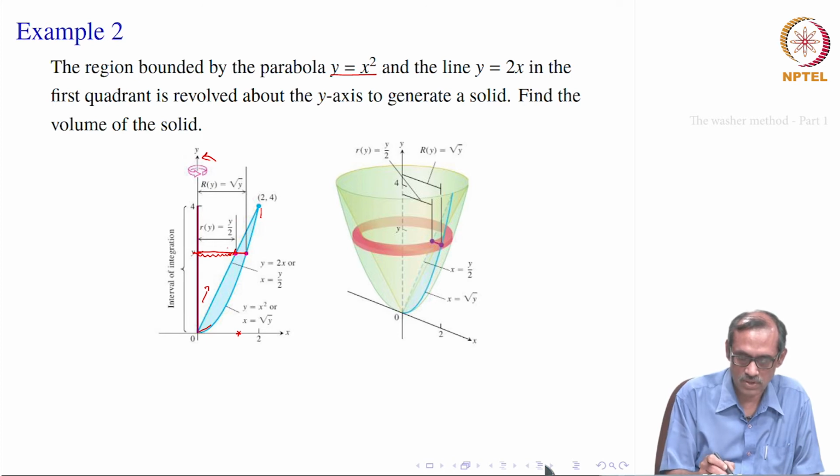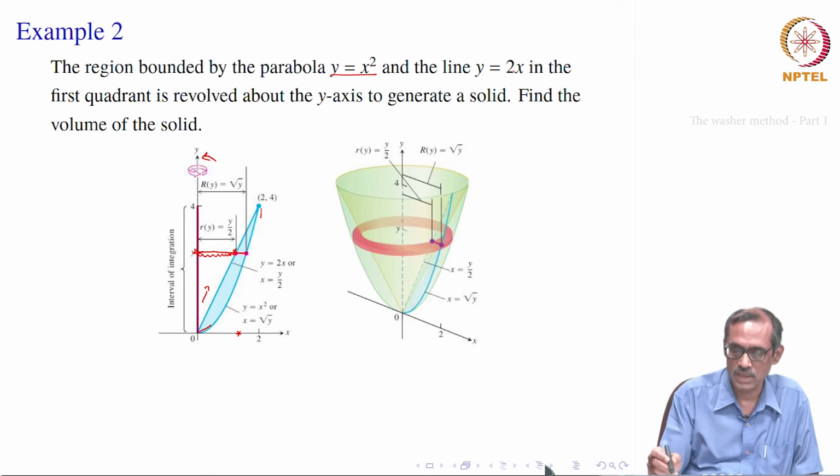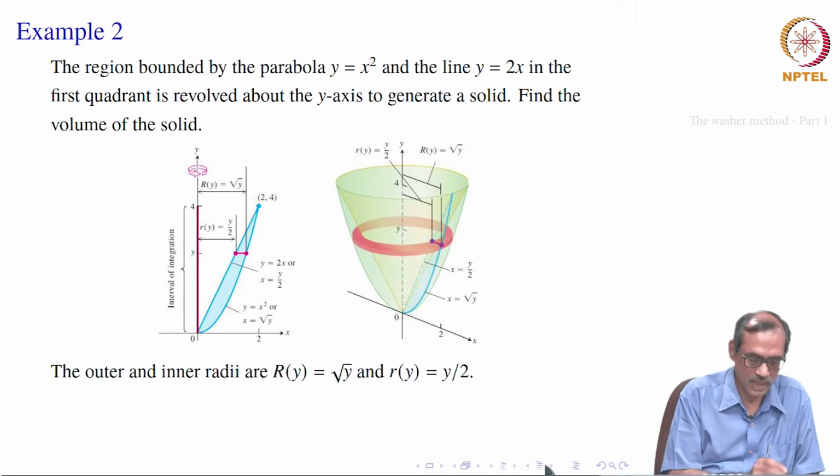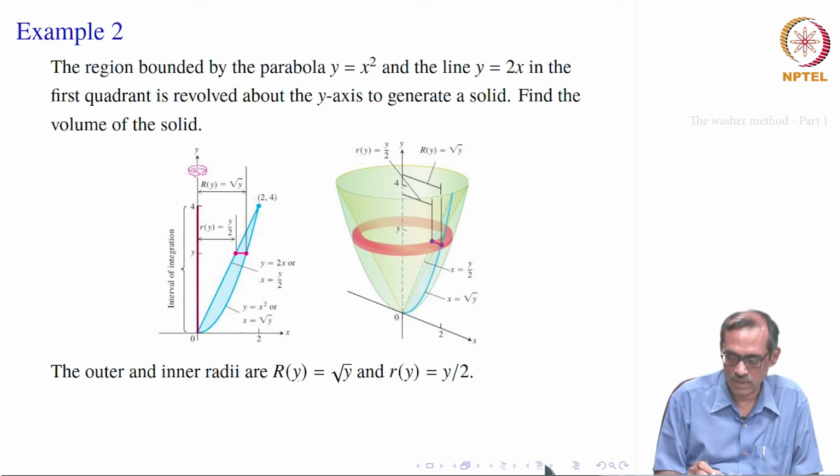So, that gives us the coordinate as when it is y, this will be y divided by 2, because x equal to y divided by 2. Okay. So, that gives this length, and the outer radius is of course square root of y. So, you get square root of y as the outer radius, y divided by 2 as the inner radius.